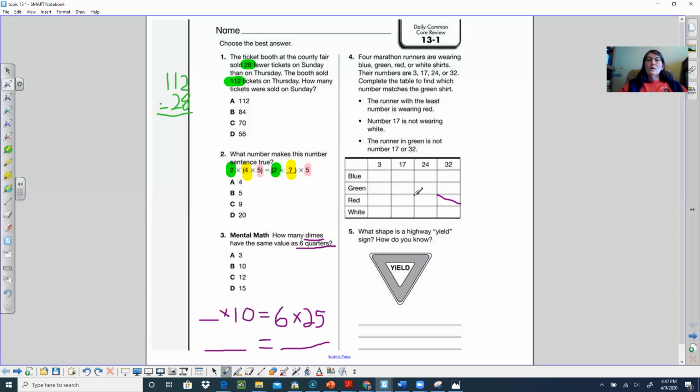On this one, is 24 the lowest number? No. So I'm going to get rid of that guy. Is 17 the smallest number? No. So I'm going to cross that one out. Is 3 the lowest number or least number? That's a yes. So I'm going to put a Y there.